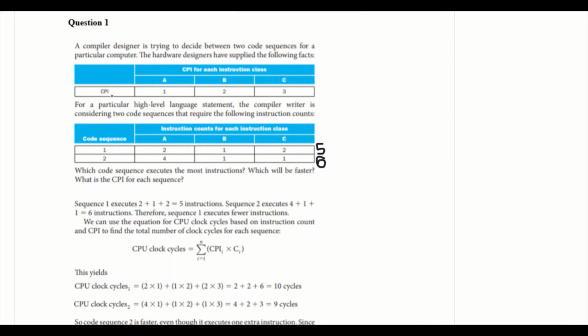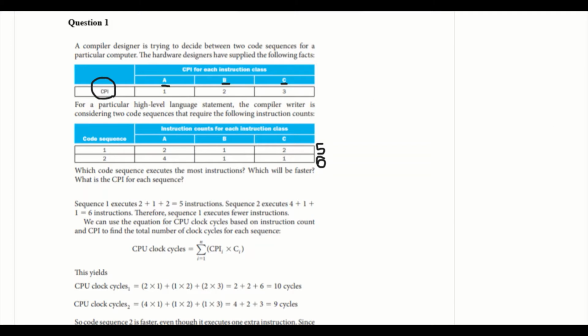Can you see the above table? The CPI is given in the above table. The CPI is not for the entire program. CPI is for this type of instruction. A type of instruction means the CPI is 1. For B type of instruction, CPI is 2, some different number. For C type of instruction, the CPI is something. So, can you see the difference from the previous program?